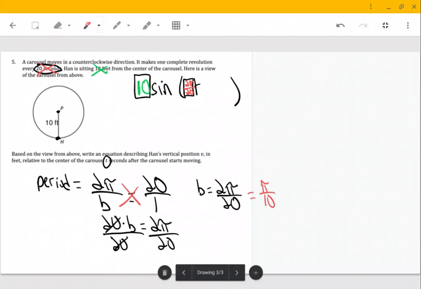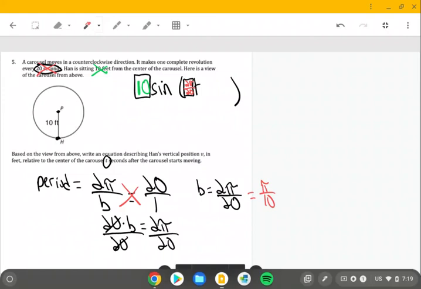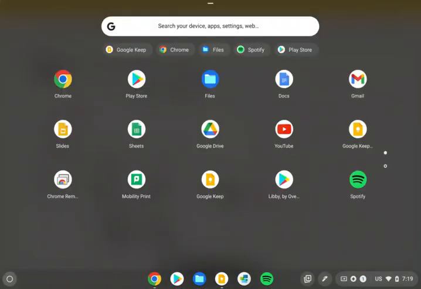Okay, the next thing we're going to look at is the fact that Han is directly down from center. Normally we have looked at examples where the carousel or the windmill is starting at the 0 degree or the 0 radian mark. In this case, Han is not at the 0 degree or 0 radian mark. He's at the low point of the circle. So he's starting at a different angle measurement other than 0 radians.